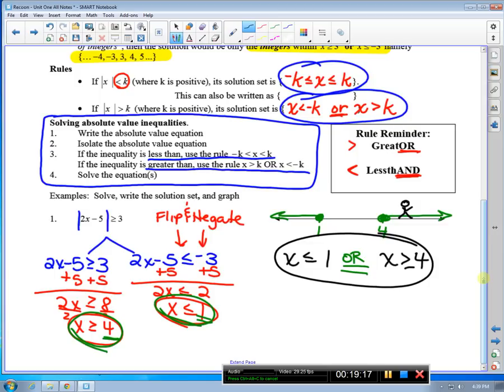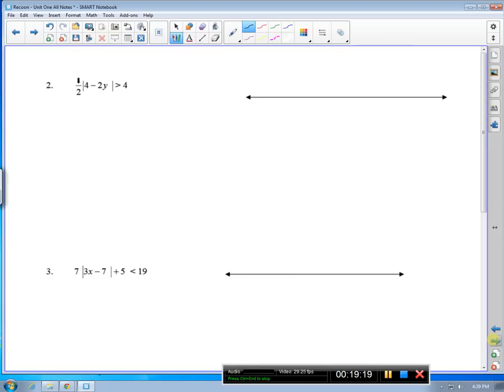Let's take a look at another one. Let's get the absolute value bars alone. So to do that, I need to multiply both sides by 2, which will give me the absolute value of 4 minus 2y is greater than 8.